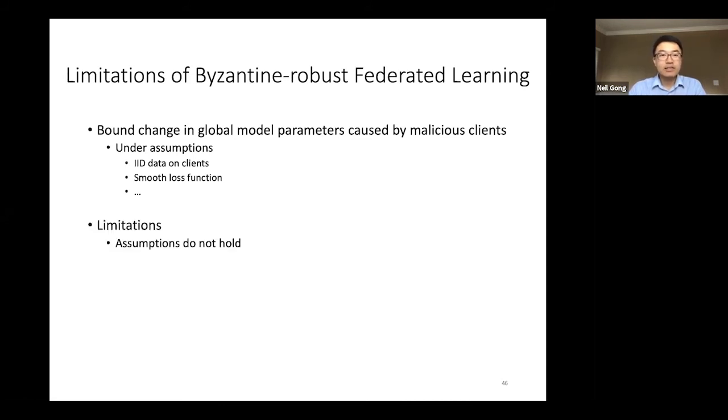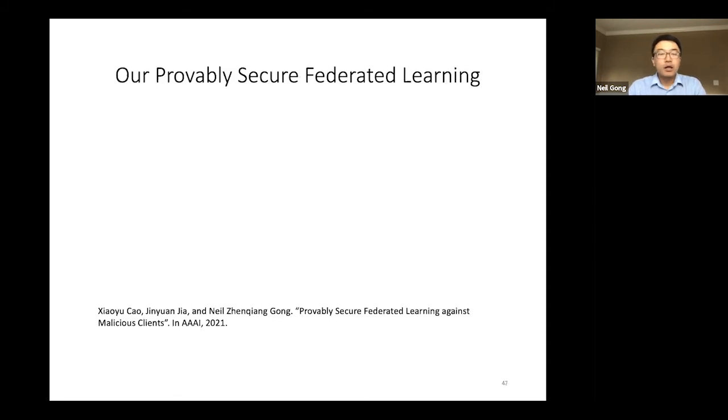However, these assumptions often do not hold in practice. Moreover, they cannot bound the change of testing error rate or accuracy caused by malicious clients, even if these assumptions do hold. To address these limitations, we propose to build provably secure federated learning.